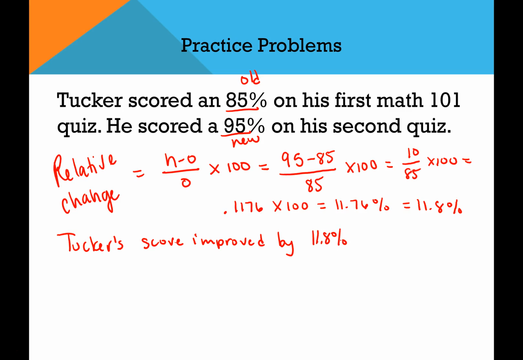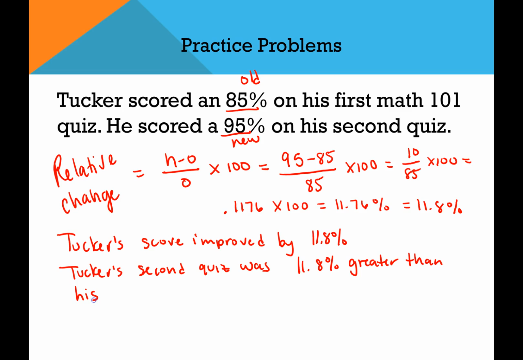Another way you can say this is Tucker's second quiz was 11.8% greater than his first quiz. So I wouldn't consider these two different sentences.